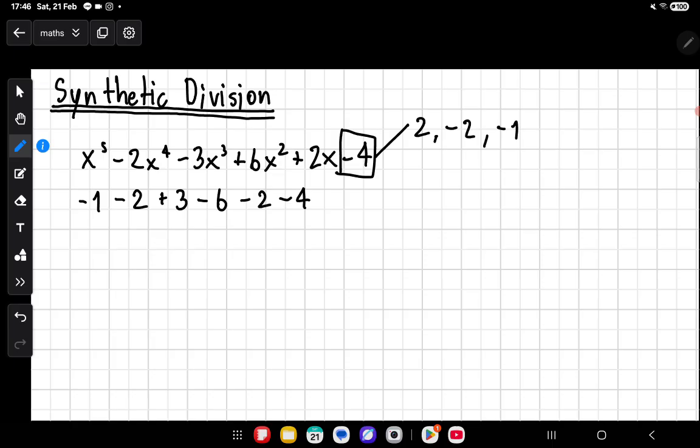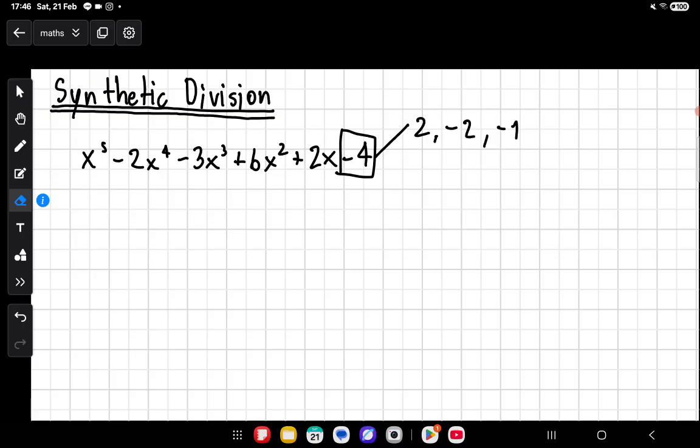But wait, I don't think this is gonna result in a 0. Let's try it. Minus 6, minus 2, and minus 4. So that's not 0, right? We need something that can get us to 0.